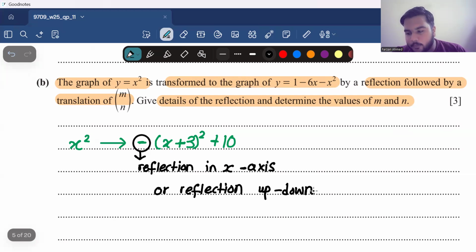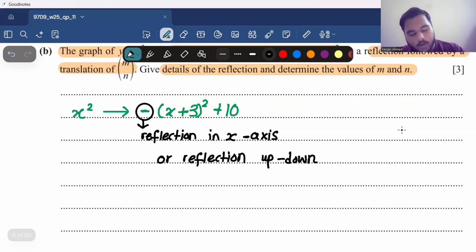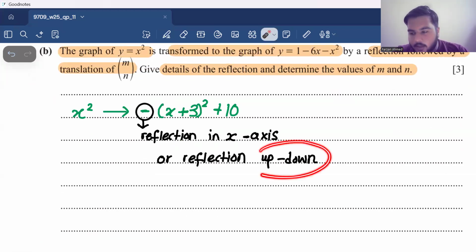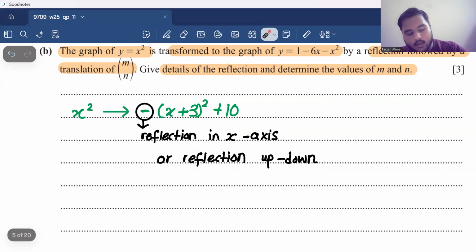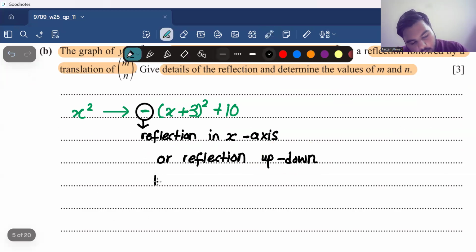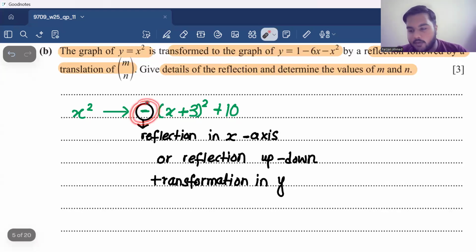What is meant by up down? It means that negative becomes positive and positive becomes negative, and it is a transformation in y. So first of all, I have told you about this negative thing.